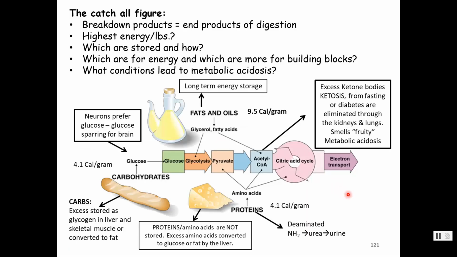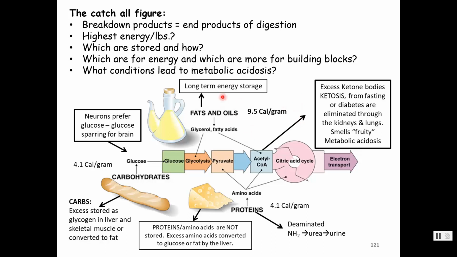Okay, so hopefully now this picture makes sense to you. This catch-all figure shows the breakdown products and end products of digestion. From carbohydrates, we're going to get glucose. Proteins will give amino acids, and fats are going to give glycerol and fatty acids. Highest energy per pound, that's going to be your fats. Which are stored and how?